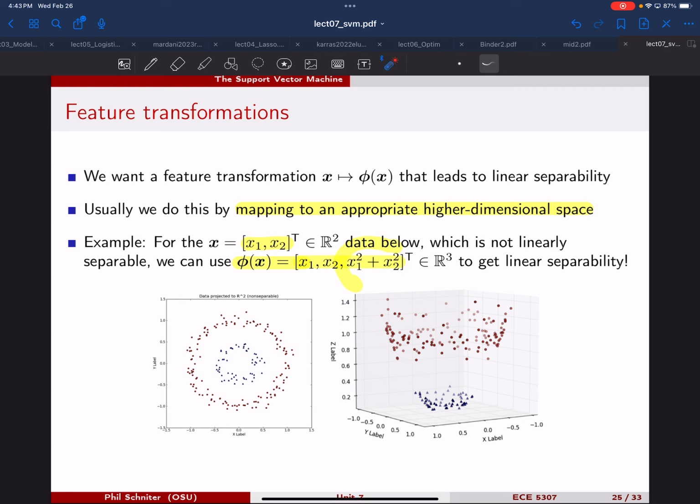If I give you MNIST, it's not really clear how to design it. So what most of these transformations do is they go into some higher dimensional space where there's just a hope that with all this extra information, you can figure out some way to use it productively in a linear method. It's not strictly necessary to go up, but it tends to be what happens in practice.